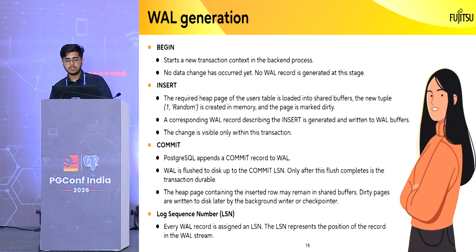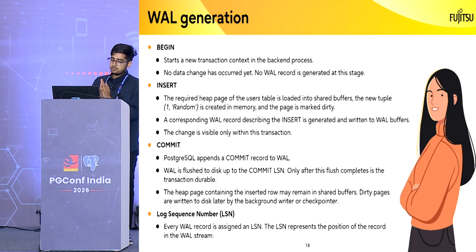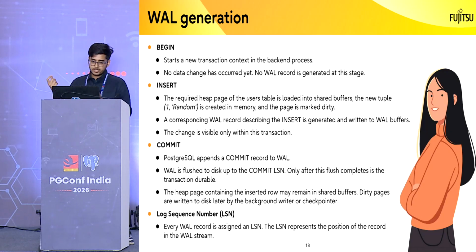The first process, as I discussed earlier, was WAL generation. For each of the commands, some WAL records would be generated. For the begin command, it will start a new transaction context, but since it has not made any changes to the database, no WAL records will be generated for the begin command. When the insert command is executed, it will load the corresponding page into the shared buffer, insert the tuple in that page, and mark the page as dirty.